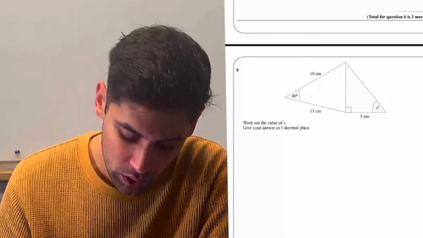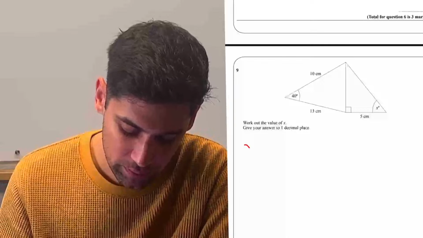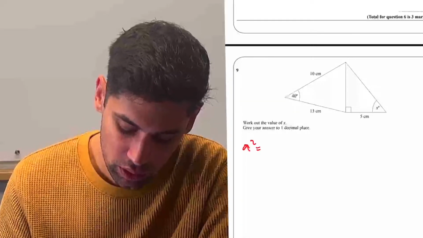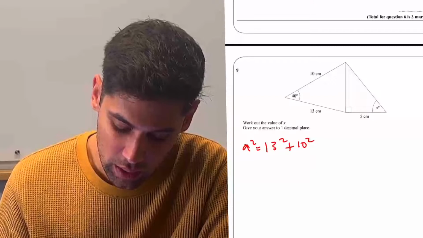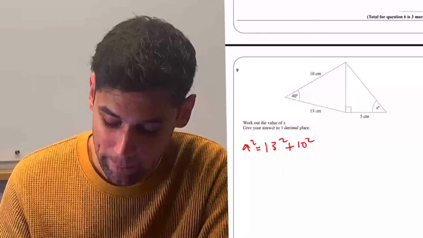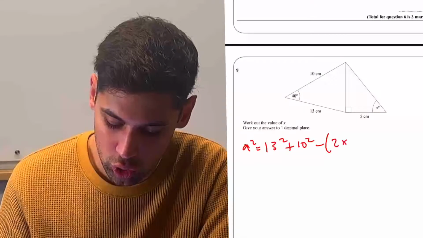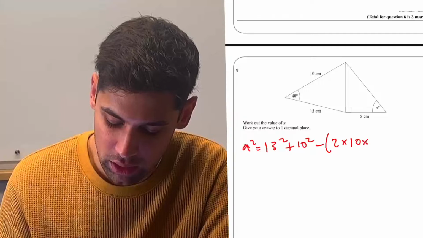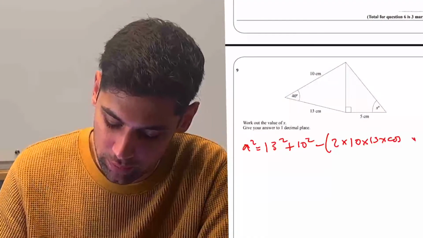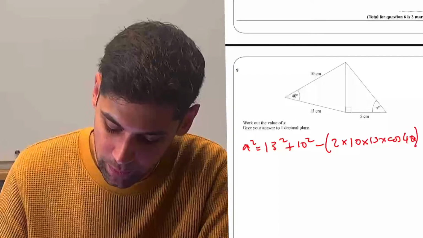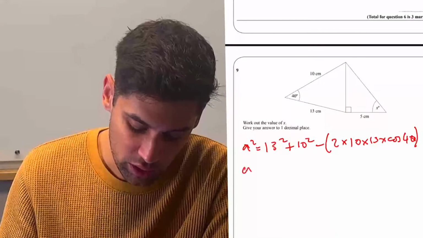Ideal. So we're going to do a squared equals 13 squared plus 10 squared. A squared equals b squared plus c squared minus 2, 10, 13 cos 40. And we just type it into our calculator.